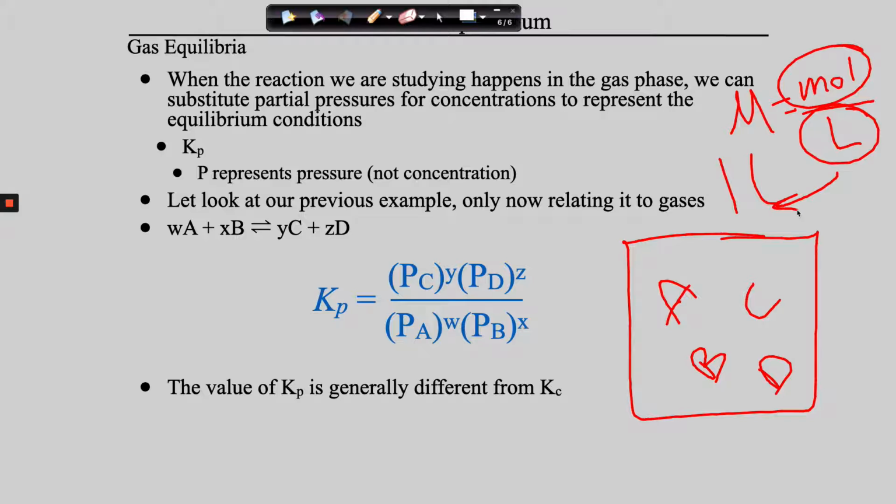And so the idea is that if you knew the pressures and you came up with Kp, and then you knew the number of moles, and you knew the volume, and you calculated molarities and plugged that into Kc, you could come up with a Kp and a Kc value for a gas system. And it turns out they're generally not the same.